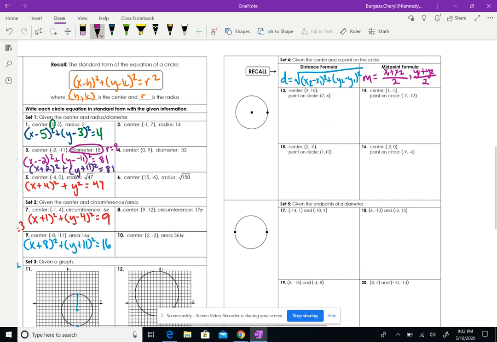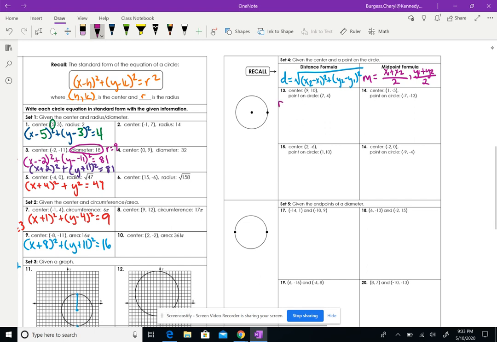So number 13 says the center is at 9, 10, and the point on the circle is 7, 4. So let's go ahead and find the radius. If we find the distance between the 2 points, then we can plug in. Okay, they already gave us the center, so this isn't too bad.